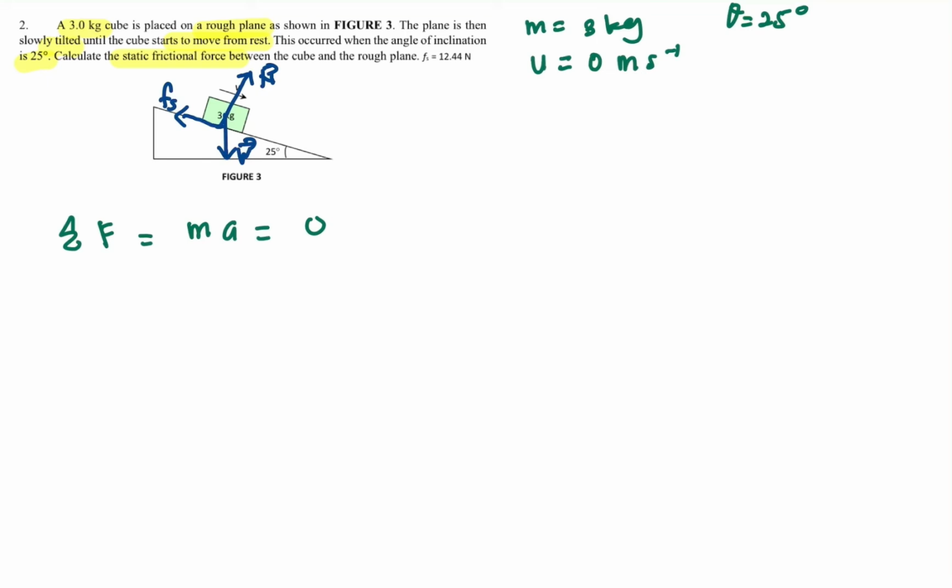You can say that in x component it will be summation fx equal to 0. Okay, so summation fx is equal to 0.